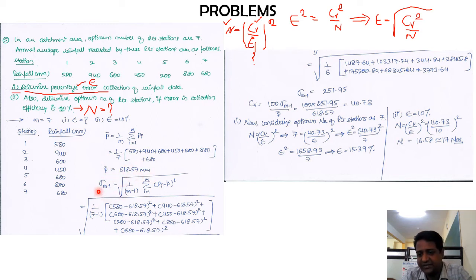Okay, so next is sigma m minus 1. The formula for that is the square root of 1 divided by m minus 1, summation of i varying from 1 to m, of pi minus p bar, the whole squared. So, square root of 1 divided by 7 minus 1 into bracket. Your second term is going to remain constant at 618.57 mm.